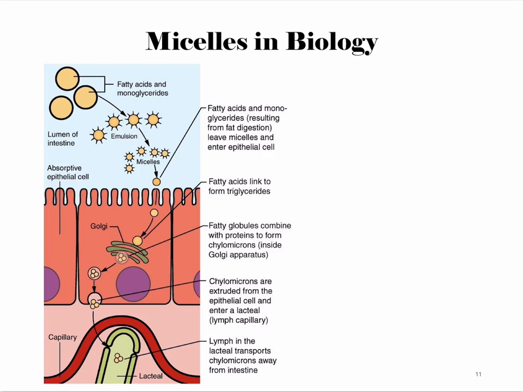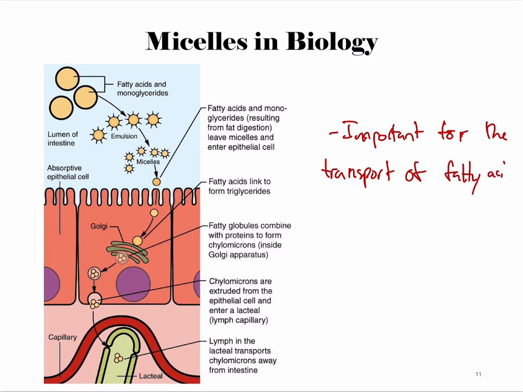Once they're in their micellar form, they can be absorbed through cellular walls or semi-permeable membranes within the body, where they can be broken down and used for energy and energy storage. So the formation of these micelles is important for the transport of fatty acids, fats, and oils.